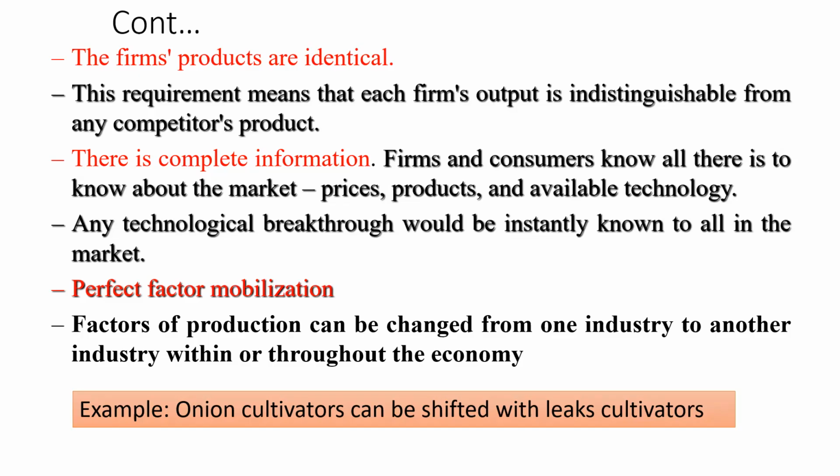So if they are cultivating onion and feel they want to change to potato or leeks, then they can easily shift all these factors of production to another market. That is the perfect factor mobilization.